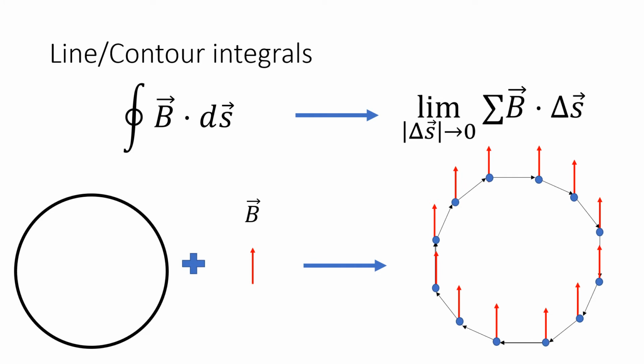So first is a line or contour integral. A line integral is actually just for any general line, whereas a contour is just a closed line. In this example, I'm just using a closed circle, like so.